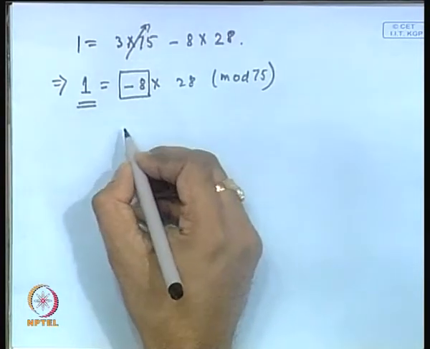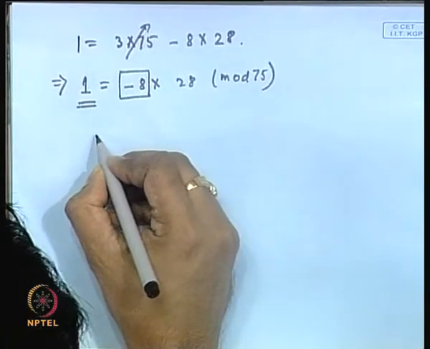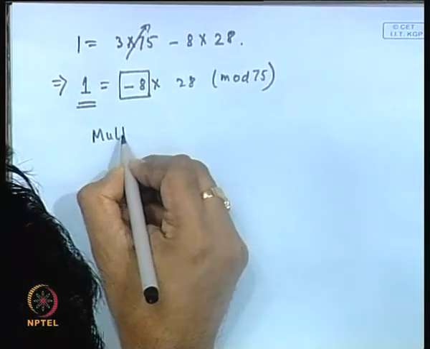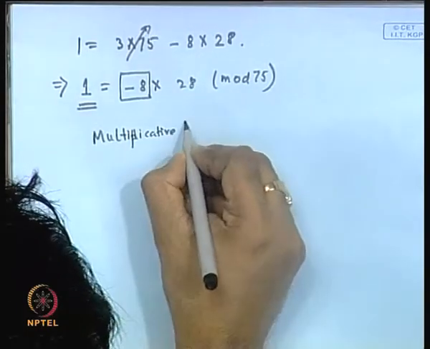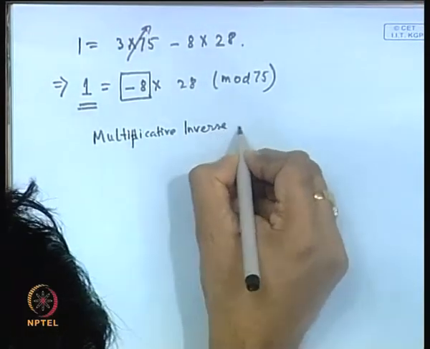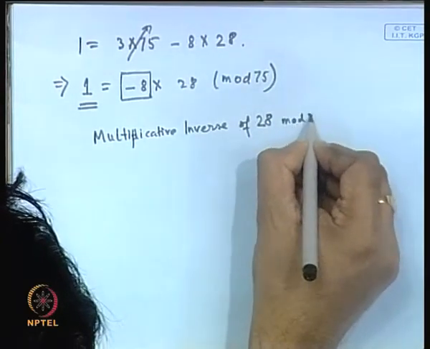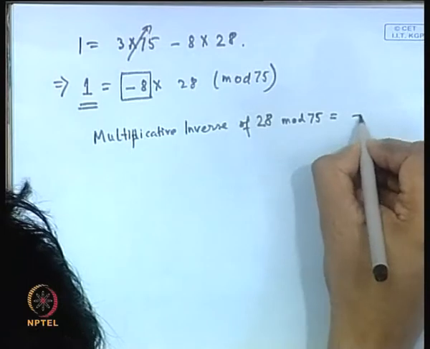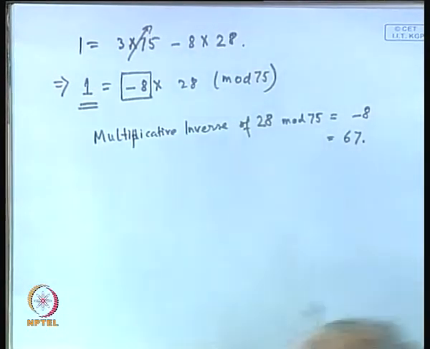So, therefore, minus 8 mod 75 means 67. So, therefore, the multiplicative inverse of 28 mod 75 is equal to minus 8, and that is equal to 67, right.